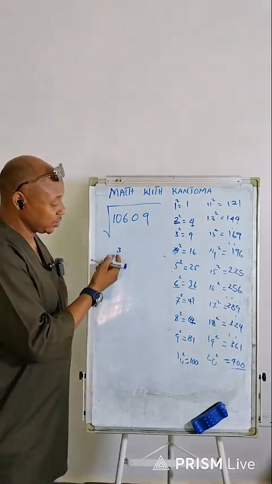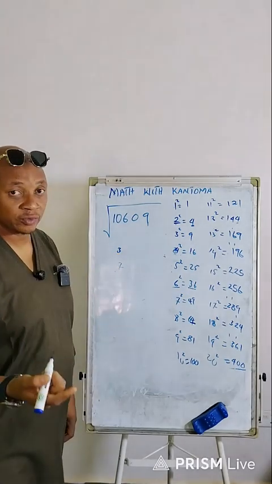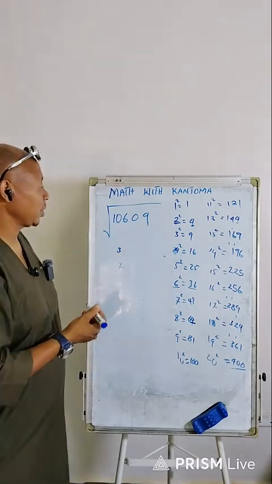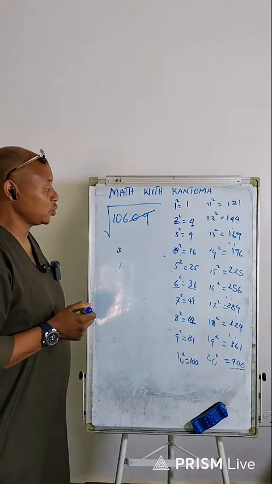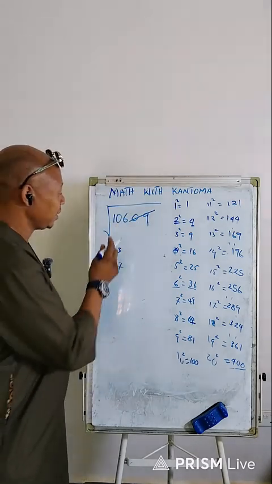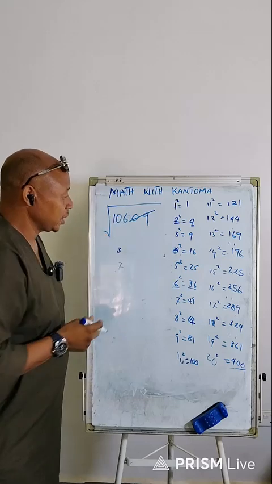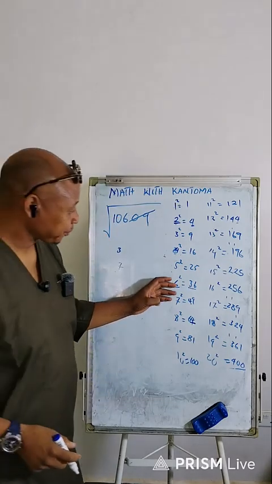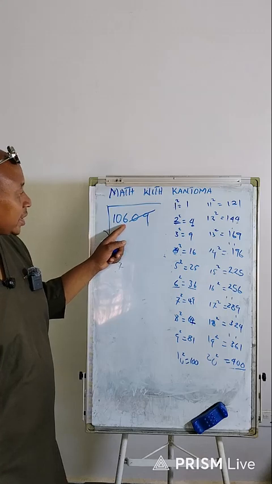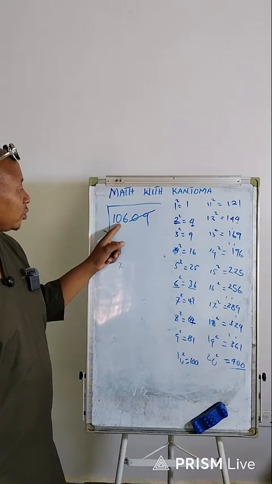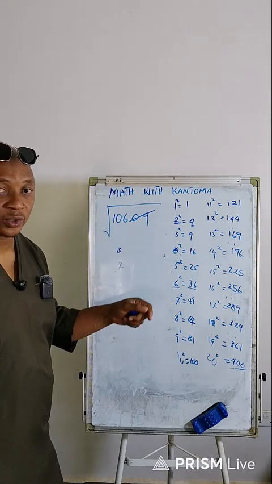If the value is ending with 3, then what are the other digits? Taking the other digits, we strike out these last 2 digits, 0 and 9, leaving this value 106. Now go back to this square. What number will you square that will give you 106 or a number less than 106 but closer to 106?